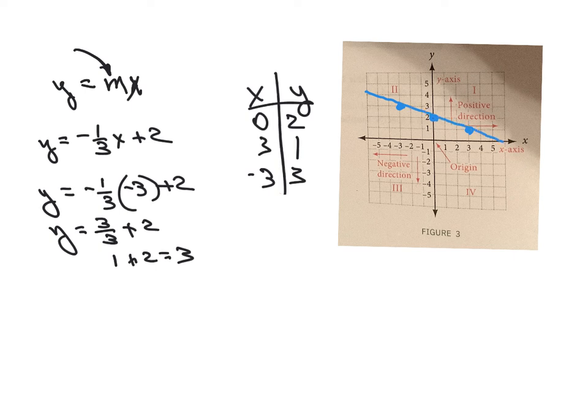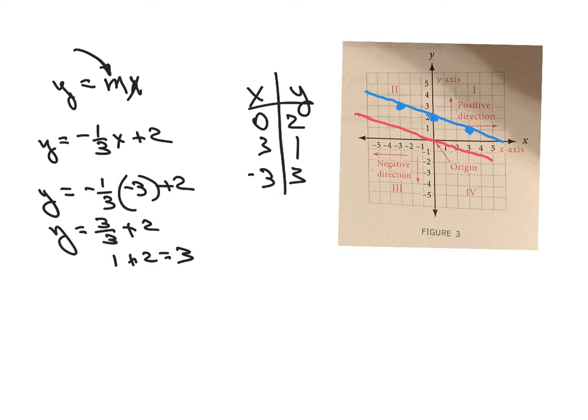Okay, notice my graph goes downhill from left to right. Just like I said, if the number in front of the x has a negative, it's going to go downhill. If this were a positive, it would go uphill. So I know I'm going the right direction. And also notice what happened here. Rather than my line going through the origin, if I were to get rid of this 2 right here, and I just had y equals negative 1/3 x, it would go through the origin.